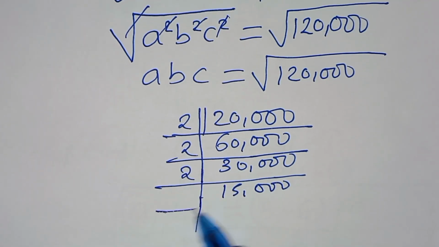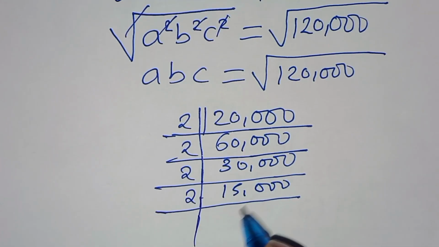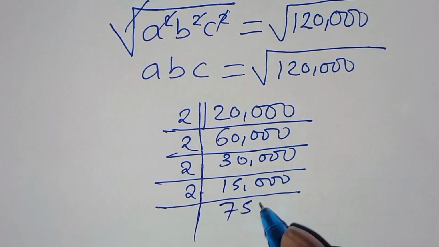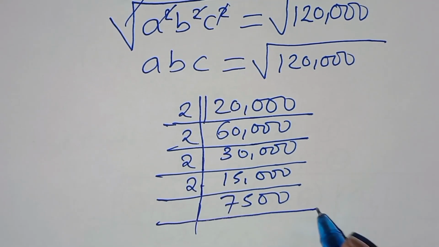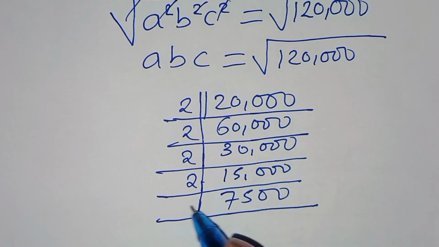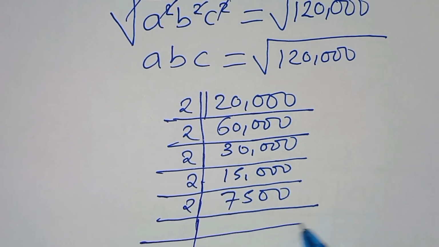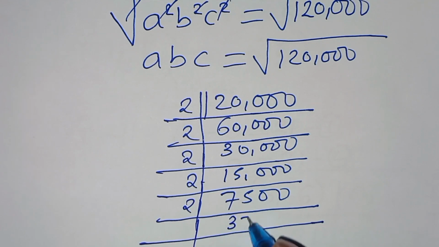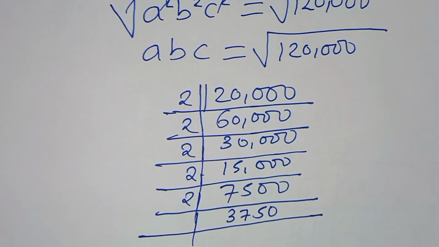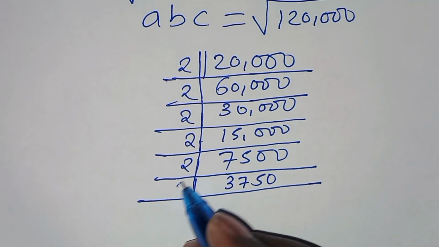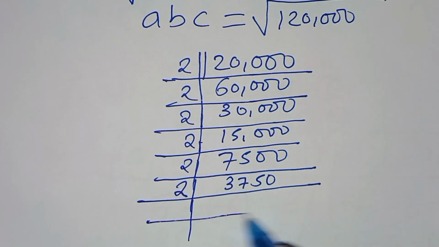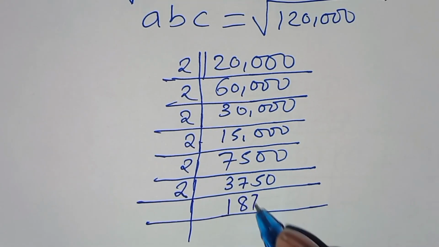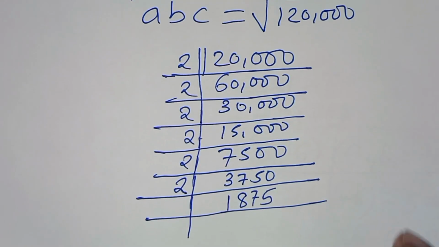Divided by 2 again is 7,500. Then divided by 2 again is 3750. Divided by 2 again is 1875.